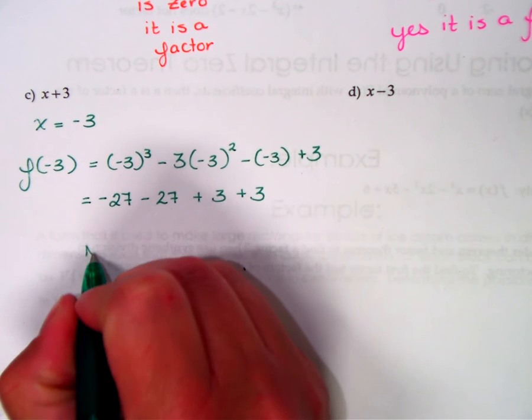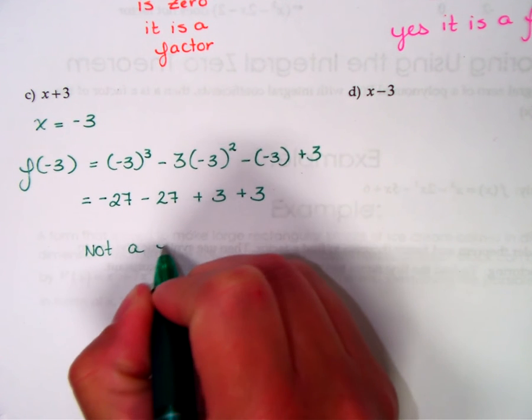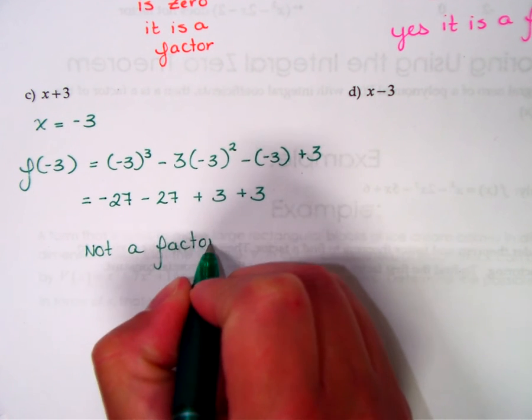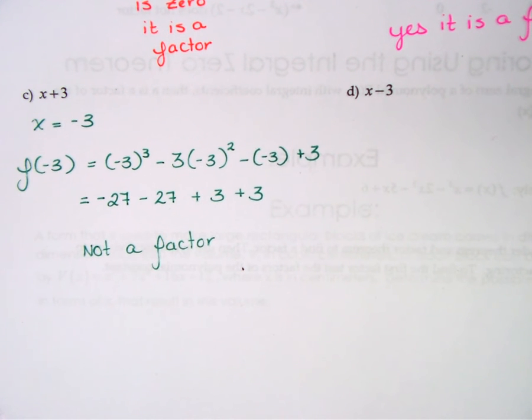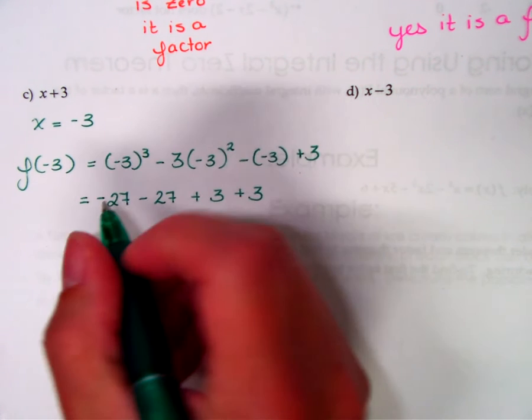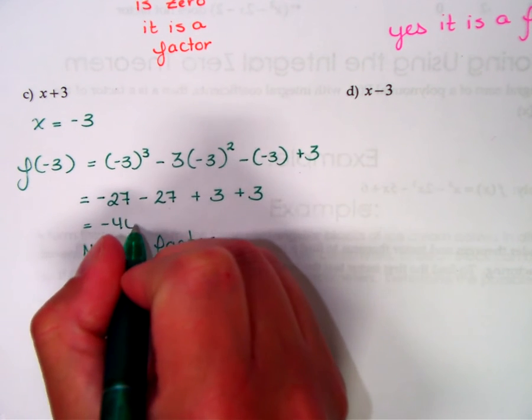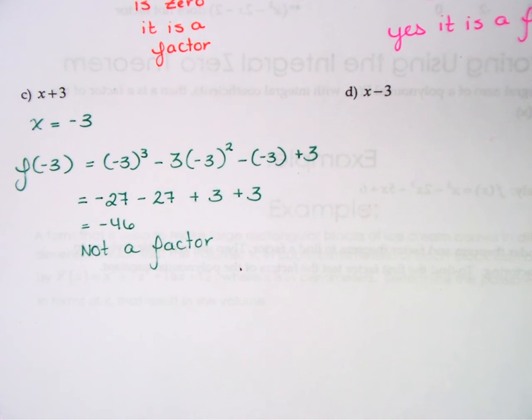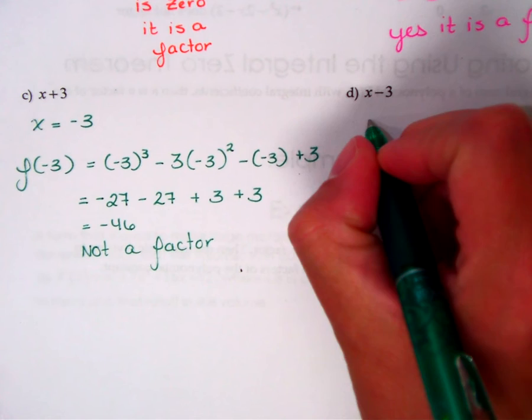And this one is not a factor. I didn't even bother to solve that, which seems a little sad, but maybe I should. Again, it can just be a cursory glance unless the question's specifically asking what the remainder is. Okay? Is it negative 48?